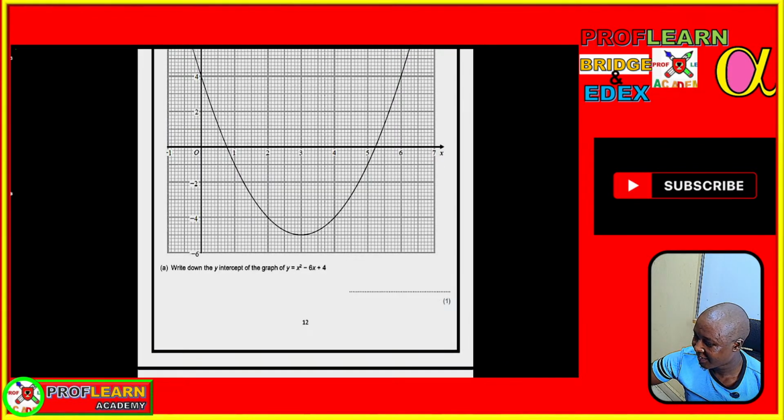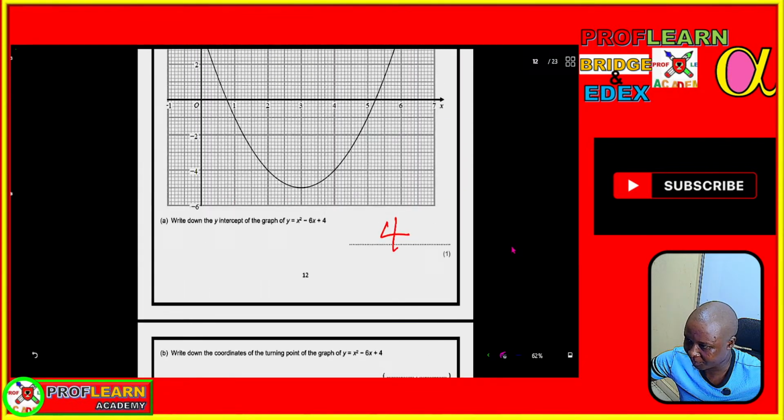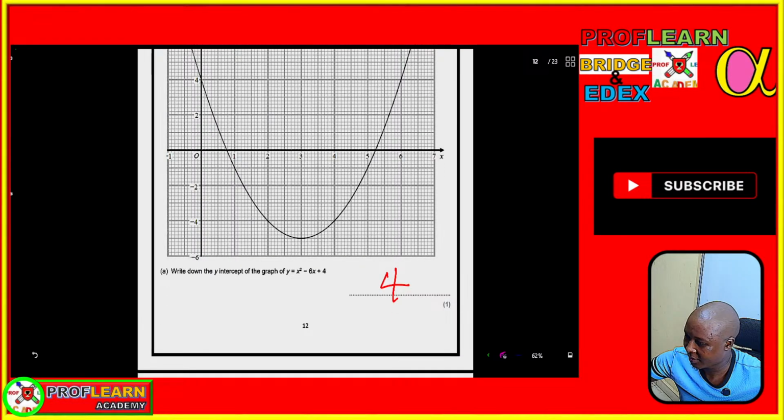Ahmed says 4. Samuel, we have moved to the next question. Samuel, I've not seen your comment. What is the y-intercept? All right, so this is going to be 4, as our friend Hameda said. This is 4.